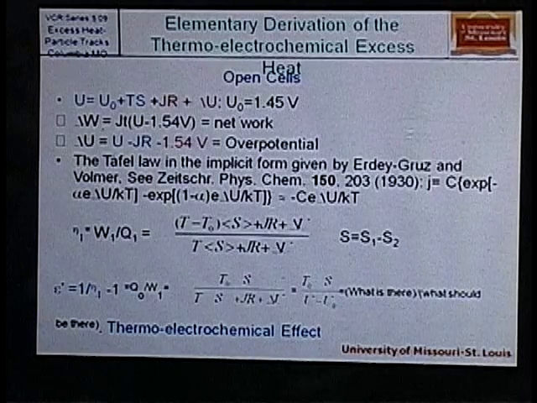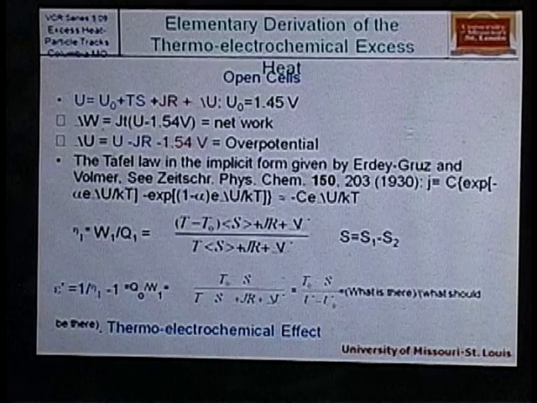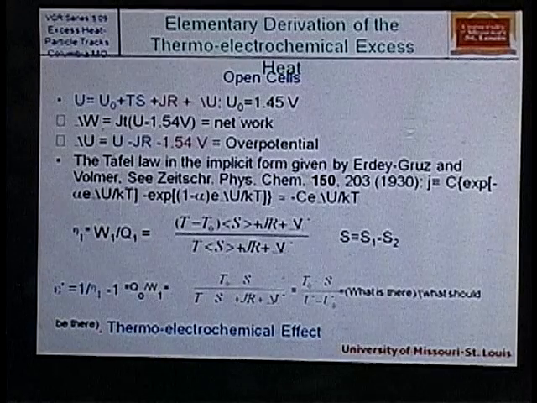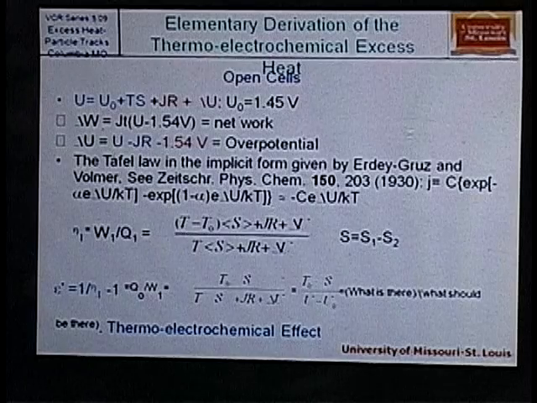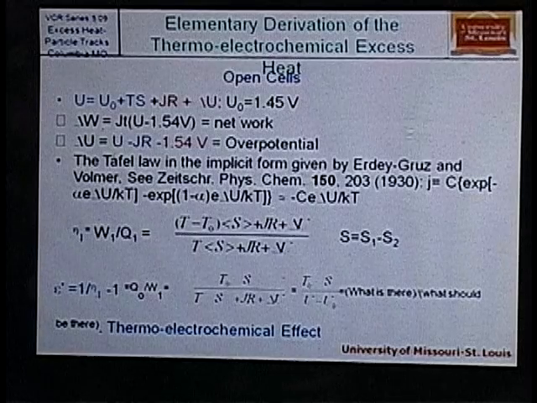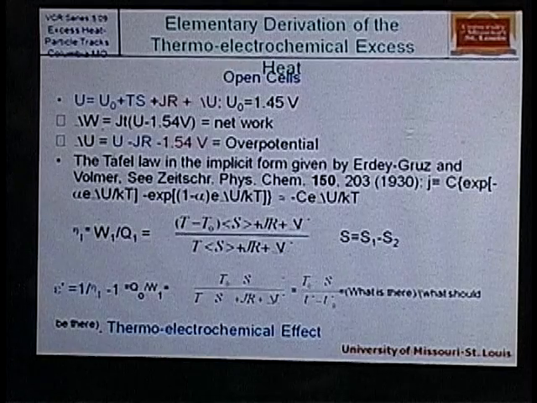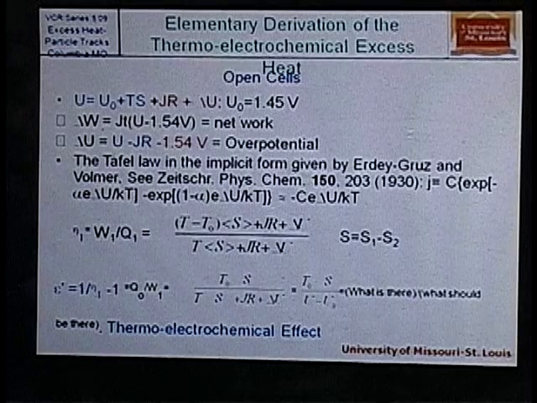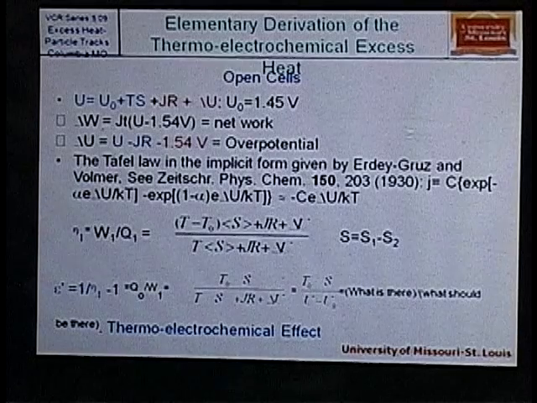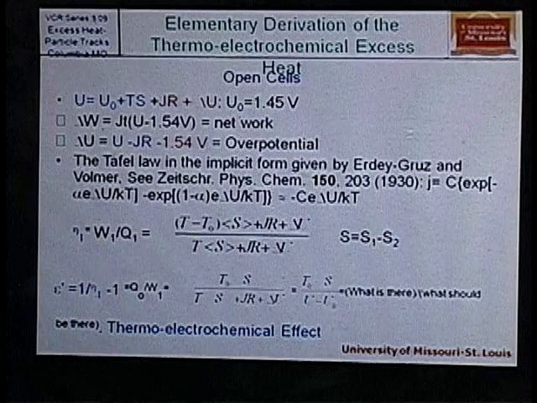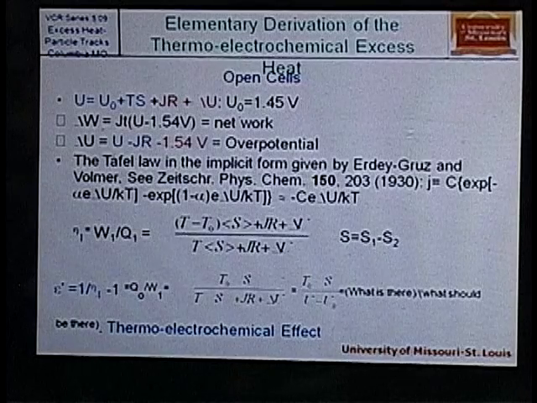The net work done is the work done, J is the current and U is the total voltage, minus the 1.54, this means the cell EMF. And that's the net work. Why?